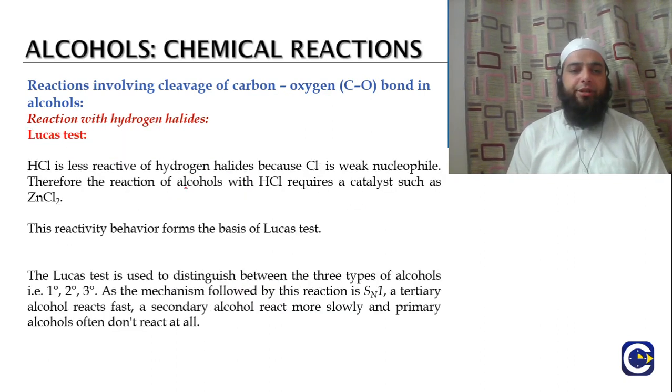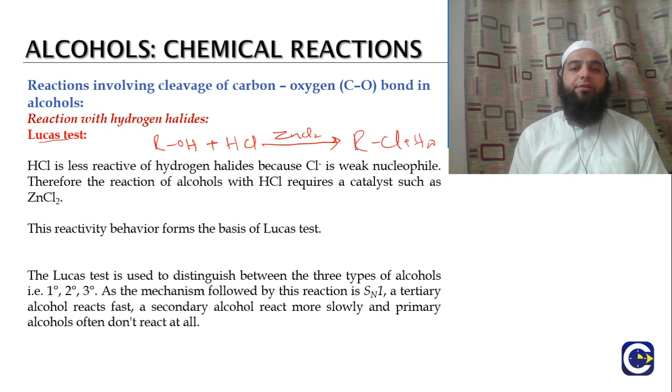One of the prominent reactions of this category is the Lucas test. In the Lucas test, we have an alcohol which is reacted with hydrochloric acid in presence of zinc chloride as catalyst, and we get the corresponding alkyl halide in this case.